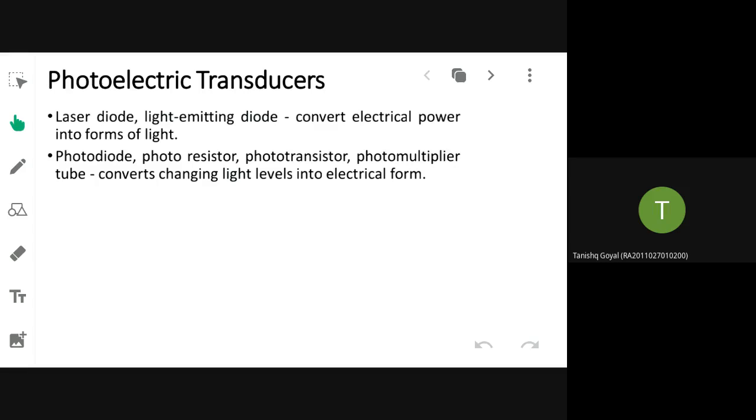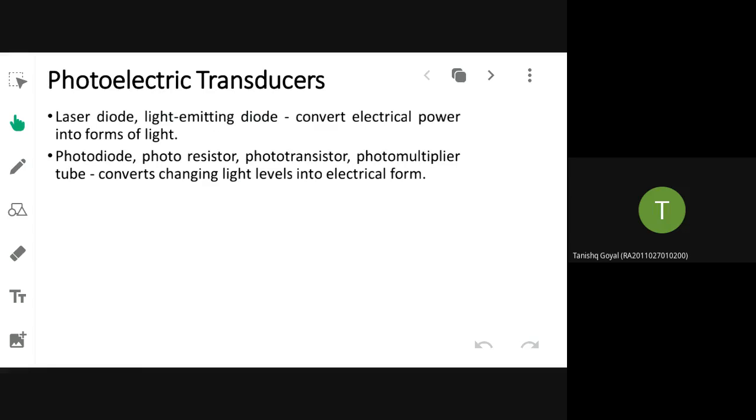Then what about photodiode, photoresistor, phototransistor, photomultiplier? What conversion of energy happens? Light to electrical. So both these categories are called what type of transducer? Photoelectric transducer.